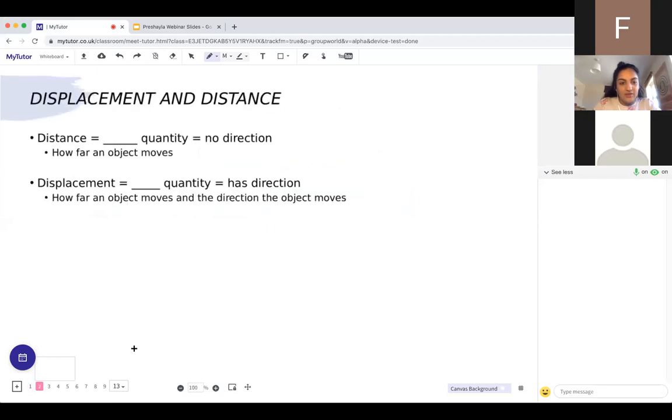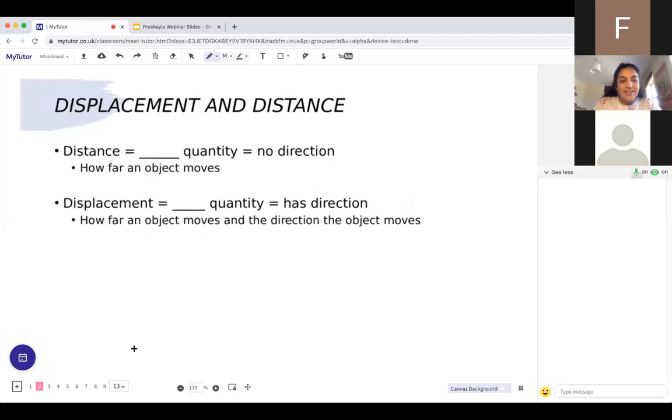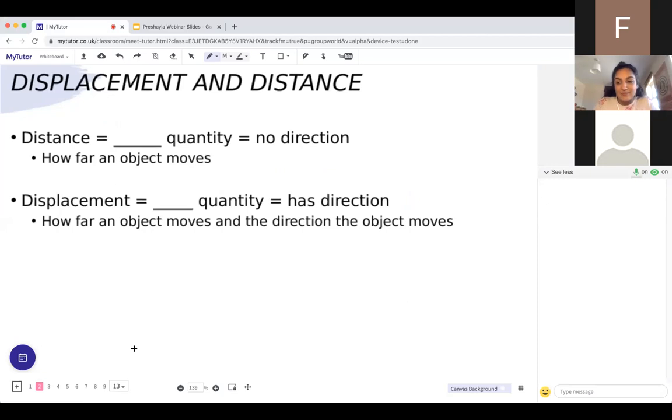Okay, so the first thing we need to think about is this difference between displacement and distance. They're two different things because of the difference in their meaning, but actually it's really easy to get confused between the two because they mean very similar things. I'm sure you've heard of them before, probably being used interchangeably and not necessarily in the correct way.